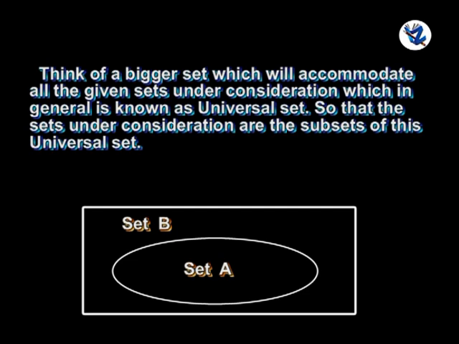Then secondly, Y is equal to Y such that Y belongs to N and Y is a prime number from 1 to 20. So by listing method, Y is equal to 2, 3, 5, 7, 11, 13, 17, 19 and the universal set is the same one. So it is represented by Venn diagram like this.